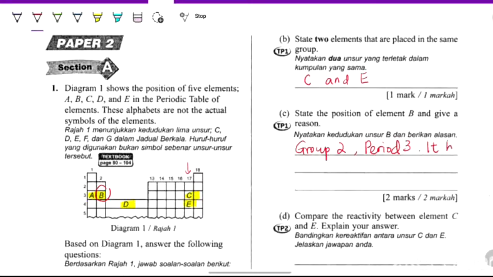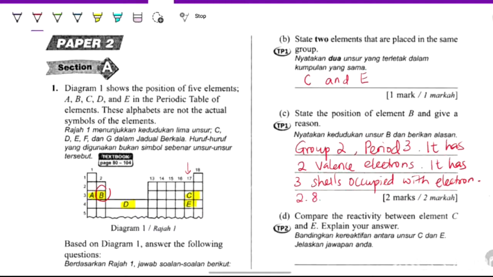Because it has 2 valence electrons, and it has 3 shells occupied with electrons. So if we want to write the electron arrangement, it should be 2, 8, 2.